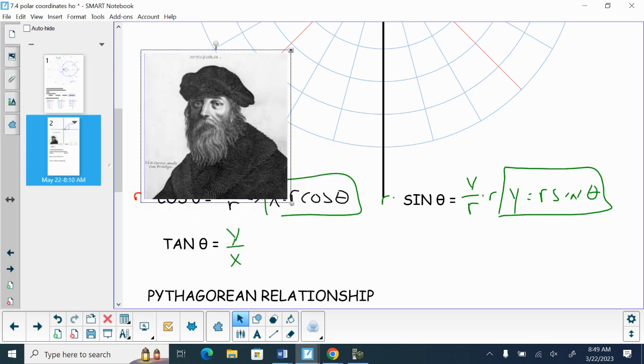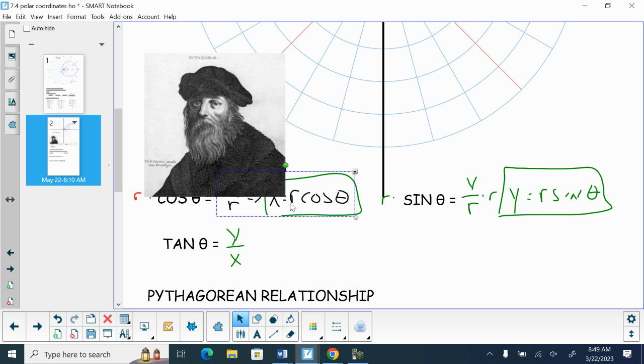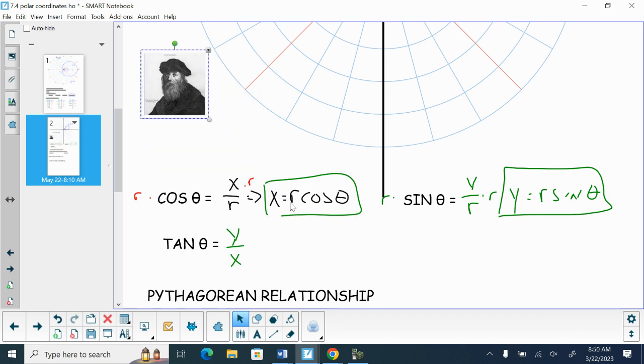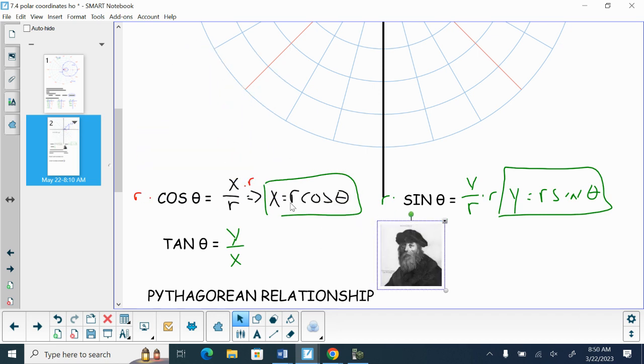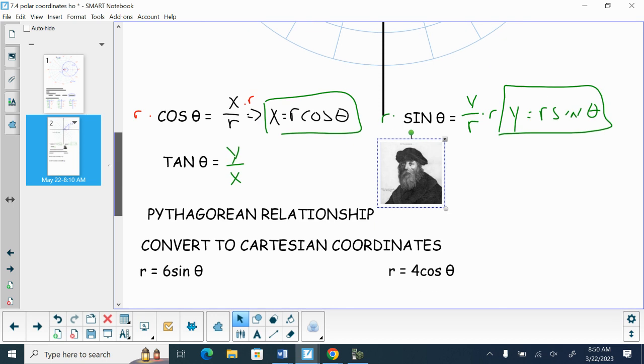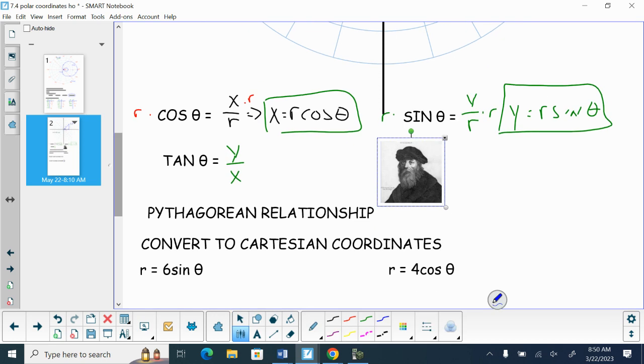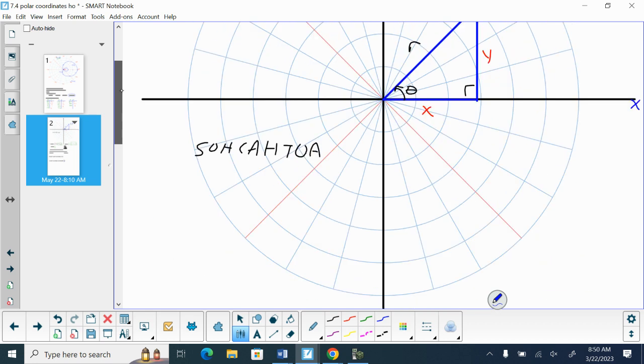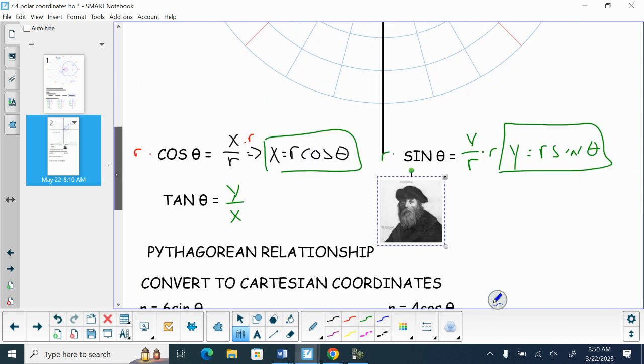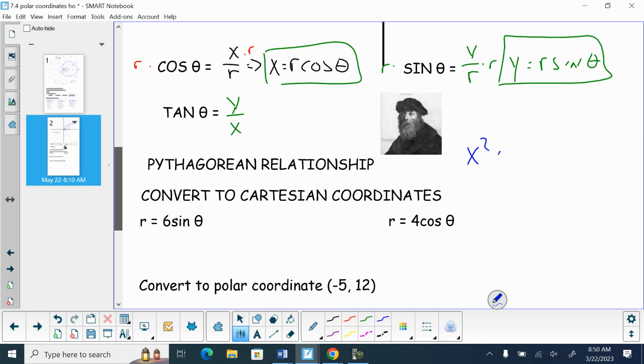What would our good old buddy Pythagoras say in that triangle? I don't see any a's, b's, and c's. X squared plus y squared equals r squared. Or r would equal the square root of x squared plus y squared.